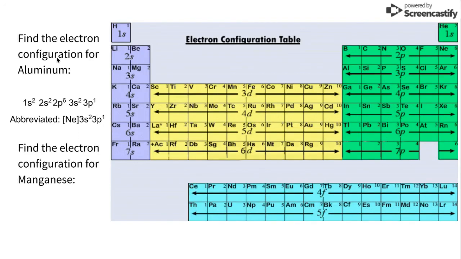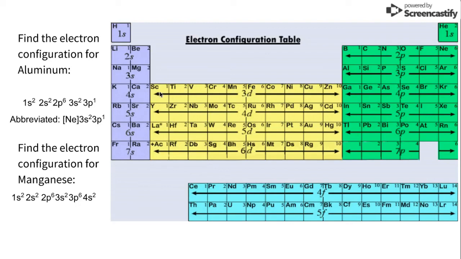Now let's find the electron configuration for manganese. Manganese is right here. It's a transition metal. If I start up here, 1s, 1, 2, 1s2, 2s, 1, 2, 2s2, 2p, 1, 2, 3, 4, 5, 6, then 3s2, then 3p6, then 4s2, and now I get to the row, my first 3d with manganese.